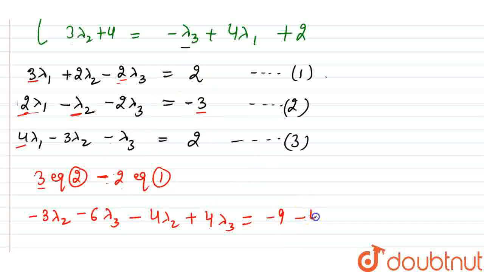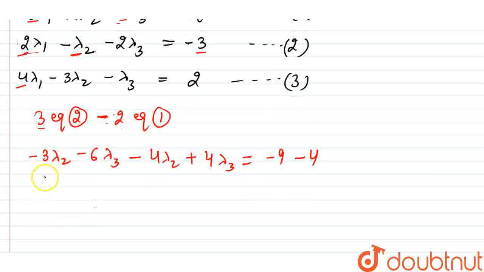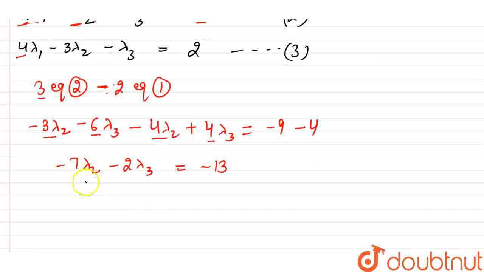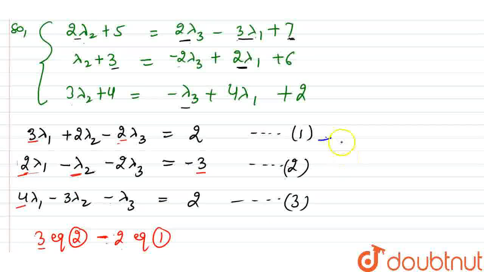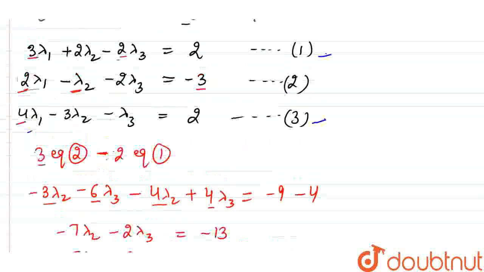2, that is 4. So this will be minus 3 lambda 2 minus 4 lambda 2, which is minus 7 lambda 2. This is minus 6 plus 4, that is minus 2 lambda 3, and this is minus 13. So we have the equation 7 lambda 2 plus 2 lambda 3 is equal to plus 13. Let's say this is equation number 4. Now similarly, we will solve equation number 1 and equation number 3 to eliminate the lambda 1 variable for the fifth equation.